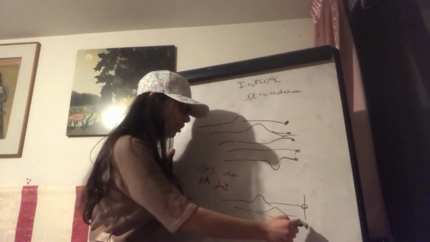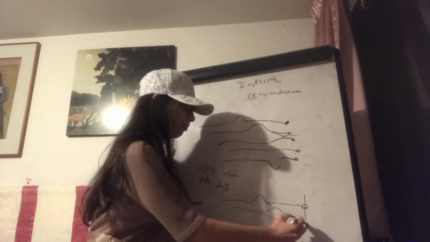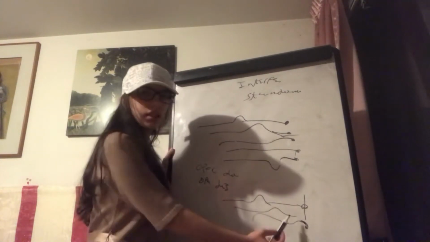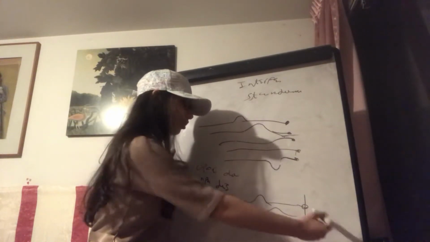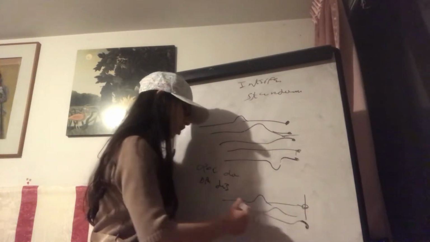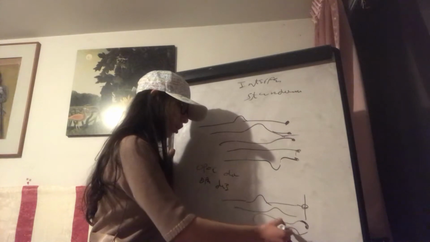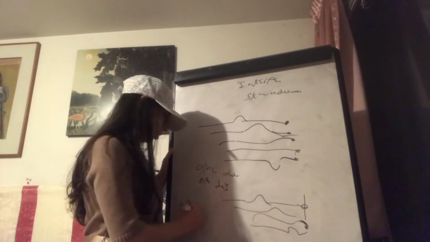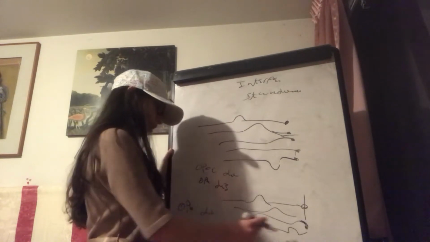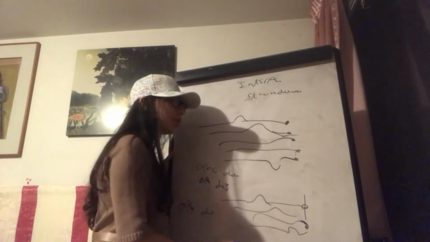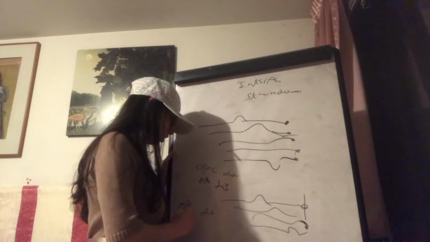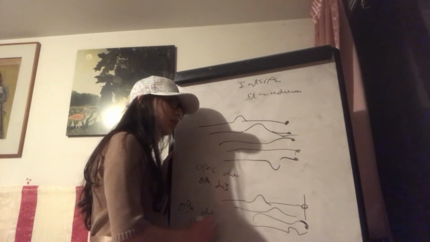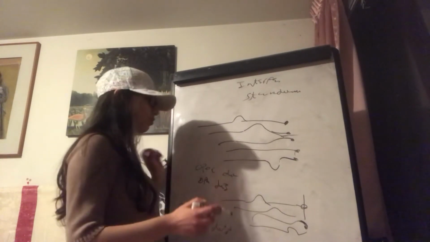When it comes reflected, it is going in the opposite direction, now going to the left. So now the direction is opposite, and the direction of the displacement is the same.